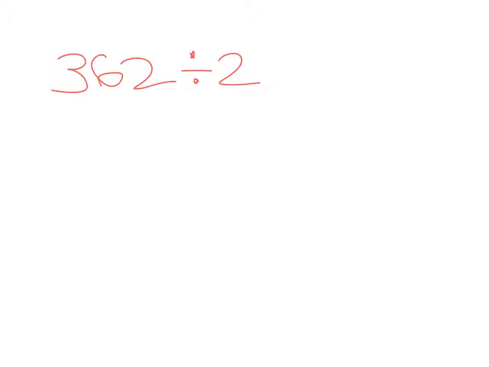So the way I'm going to do that is I'm going to use the division symbol in a second, in the division house. But I want to name these things first and tell you what they're called. That 2, the thing I'm dividing by, is called the divisor. And that's the thing that I'm trying to figure out how many of it fit into the other number.